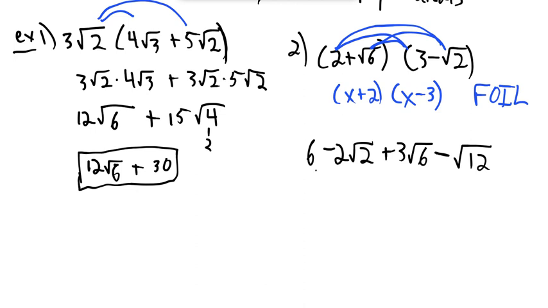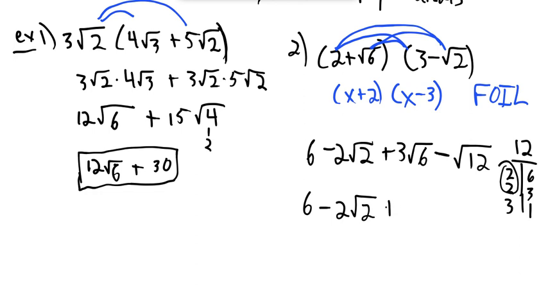So again, we have to be careful here. This looks finished, but got to make sure 12 is correct. We can pull out a 2 to make this 6, 2 to make that 3, and a 3 to make that 1. So this is actually 6 minus 2 root 2 plus 3 root 6 minus 2 root 3.